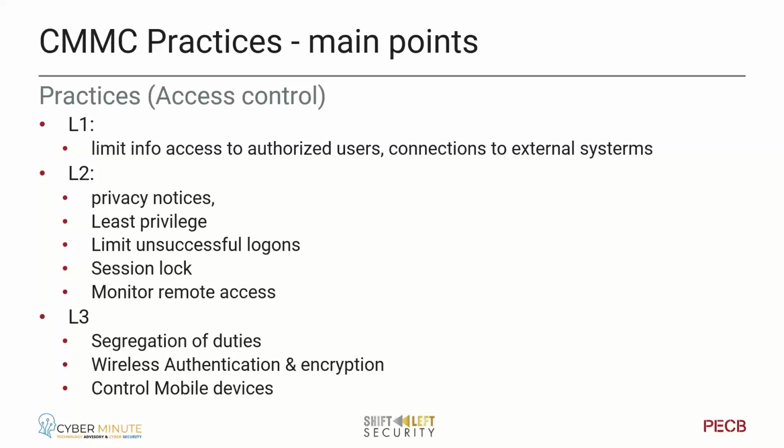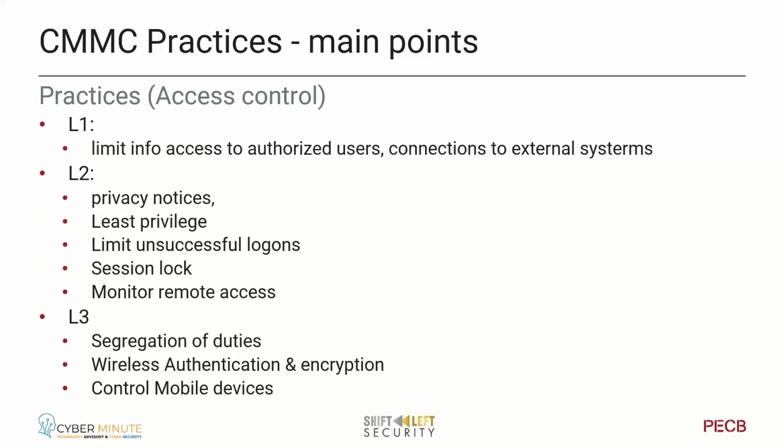Level 2 is already much more: you need to have privacy notices, you need to implement least privilege, which is of course a very well-known security best practice. But again, where do you need to do that? On your Active Directory? In your SAP system? In your document management system? Everywhere? Because if you have single sign-on in an environment, you need to have it on your primary source.